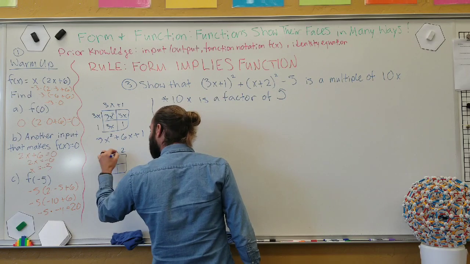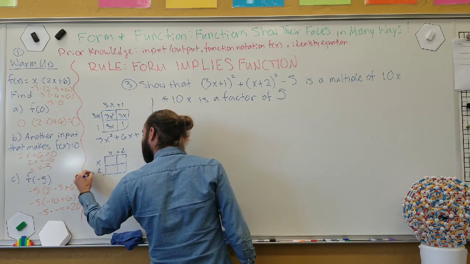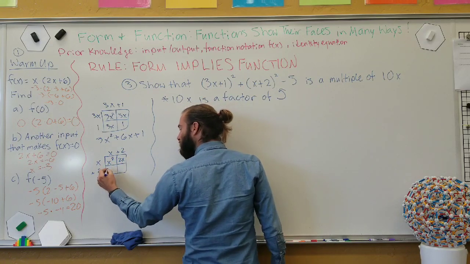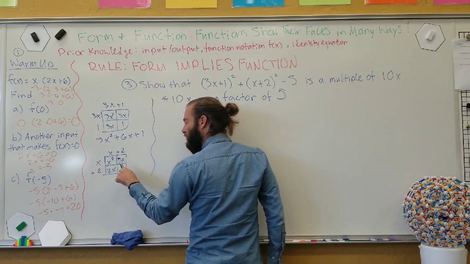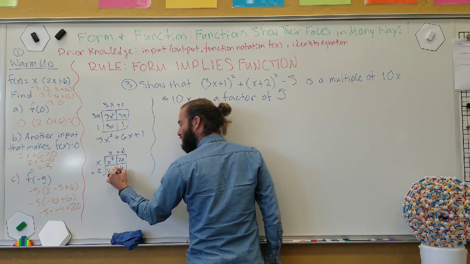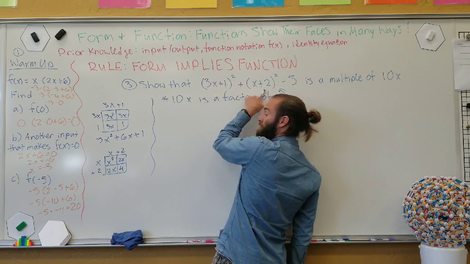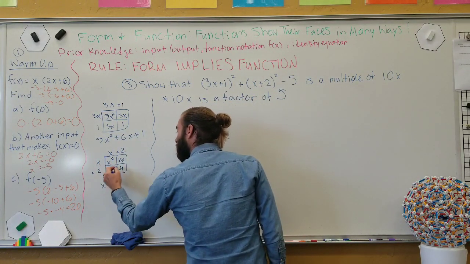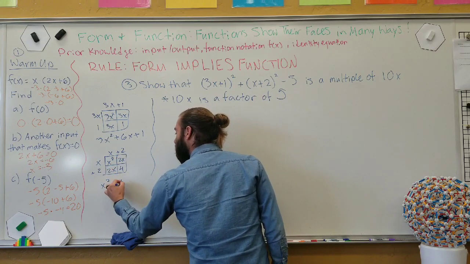x plus 2, x squared, and 2 times x, and 2 times x is another 2x. You notice this is always the same for those two middle pieces because you're squaring something. You're not multiplying something by a different thing. And this leads me to x squared, 2x plus 2x is 4x.